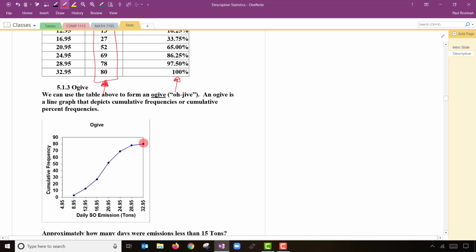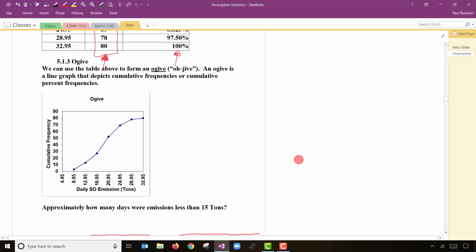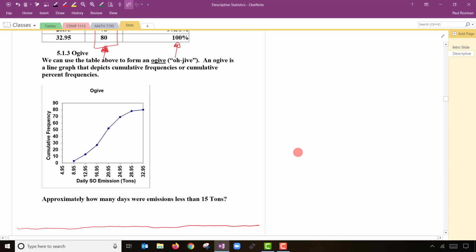What might we use this sort of plot for? Well, you can gauge the data based on how steep it climbs. You can do basic interpolation. An example might be, how many days were emissions less than 15 tons? Well, I can go to my chart here, and I can go to 15 tons, and I can see that it's about 20 days.